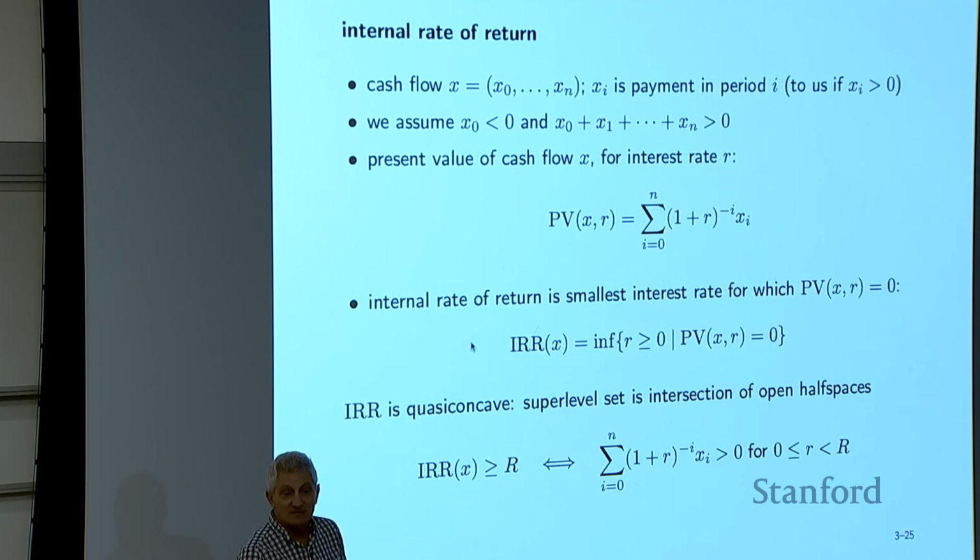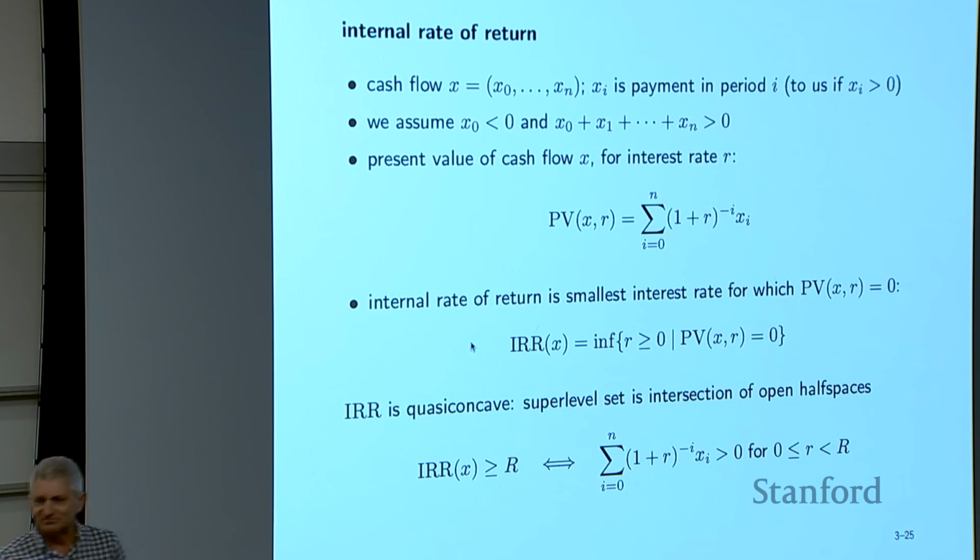I don't know what that is, like 1.8, so 1 over 1.8, let's say 0.5. I'm making that up. These are the discounted cash flows, and this is called the net present value. These are completely standard concepts in basic accounting. That's the present value, and it's a function of the vector x and the interest rate r.